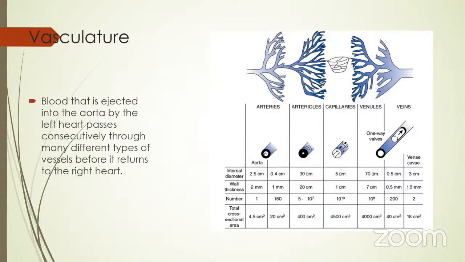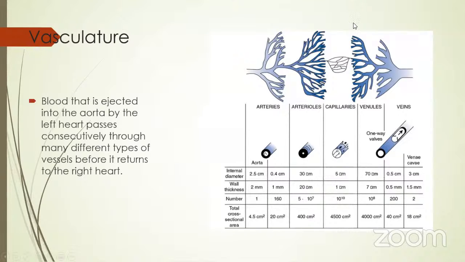Moving to the vasculature, blood that is ejected into the aorta by the left heart passes consecutively through many different types of vessels before it returns to the right heart.